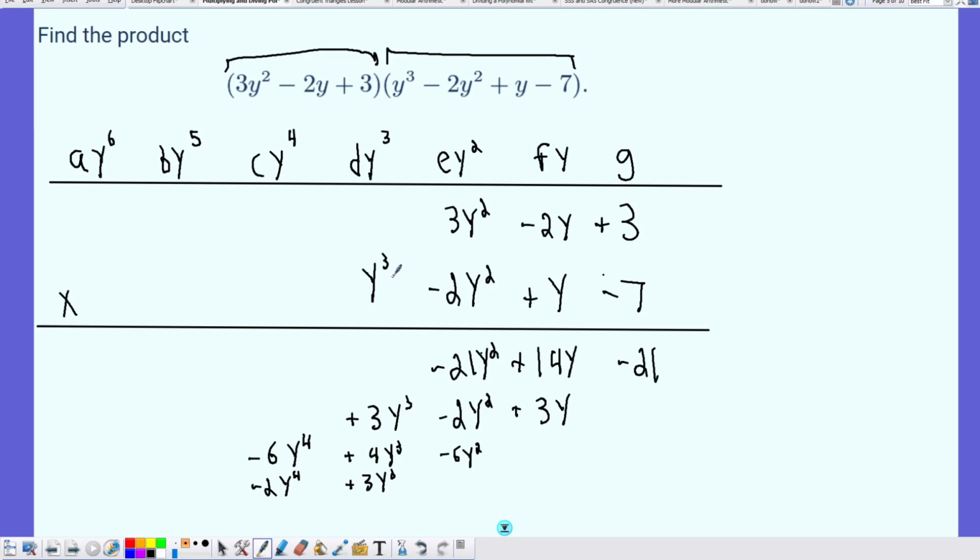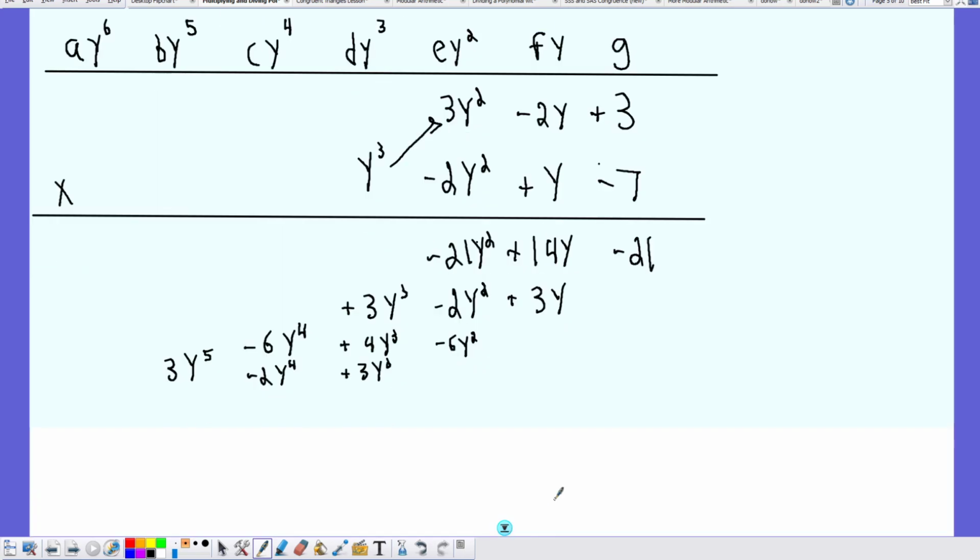And then y to the third times 3y squared would go in my y to the fifth column, which is 3y to the fifth. Now, once all that is done, we can go on to the next step.